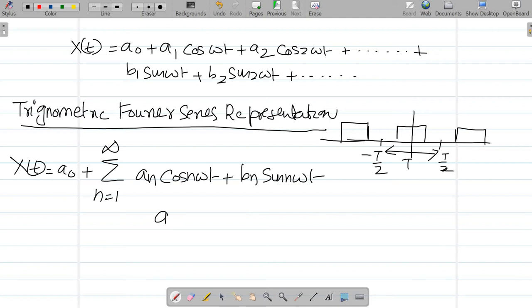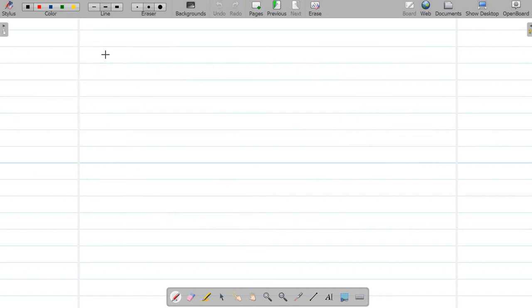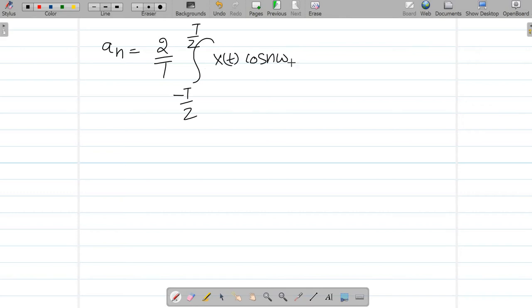Now a naught can be found by the following integral, that is over one time period we integrate x of t dt between limits minus T by 2 and plus T by 2, and similarly a n can be found by the following formula, integrating x of t cos n omega naught t dt over one period.